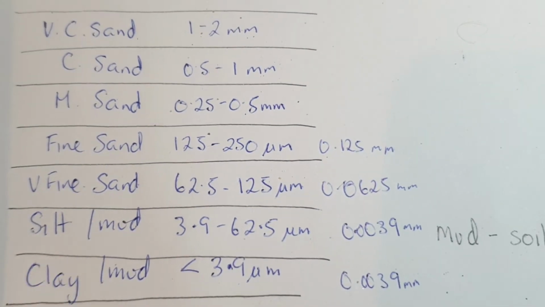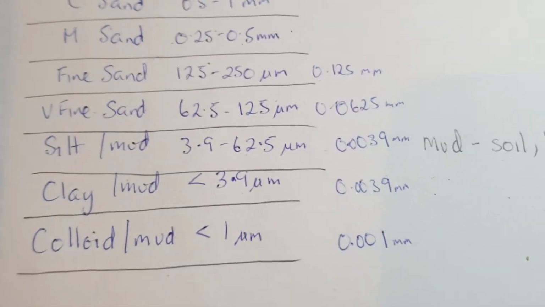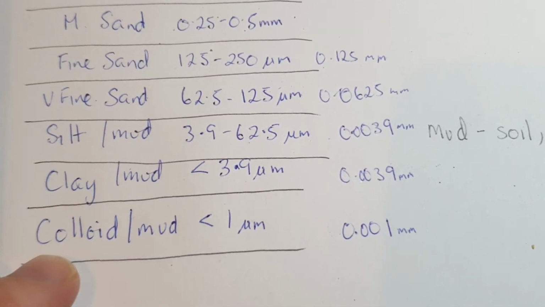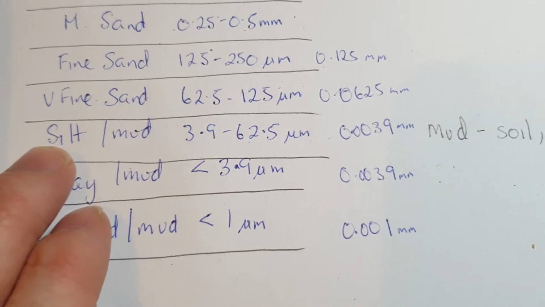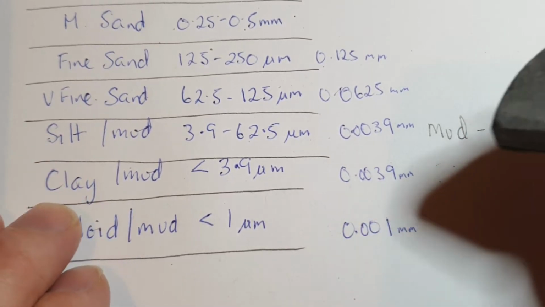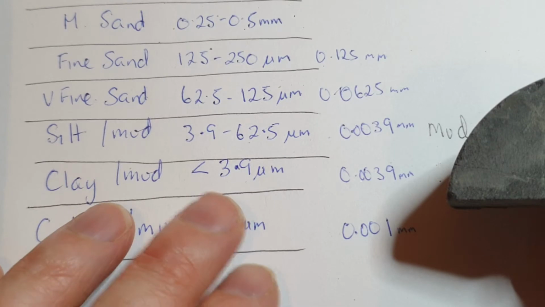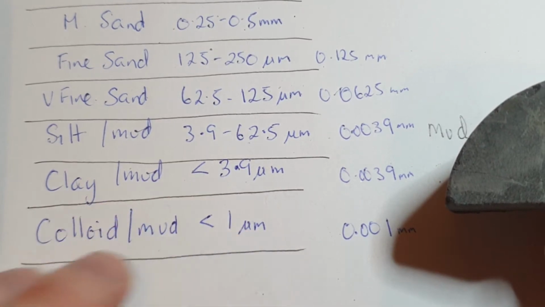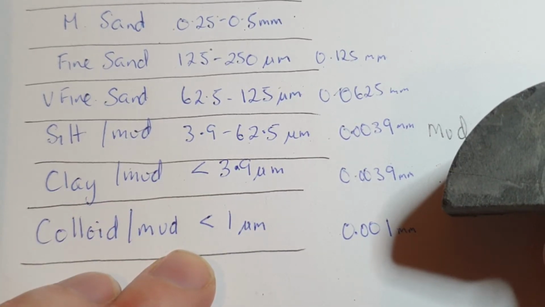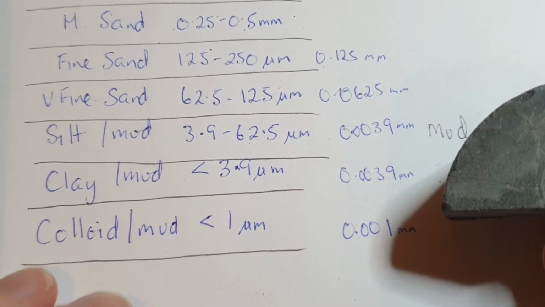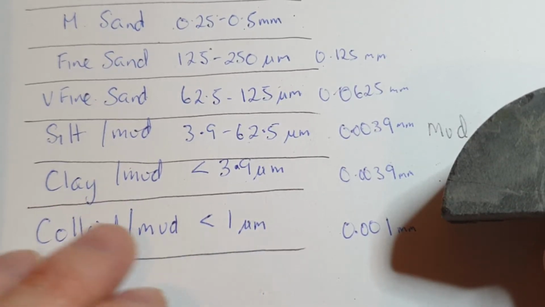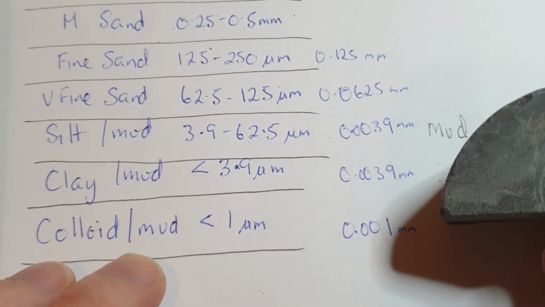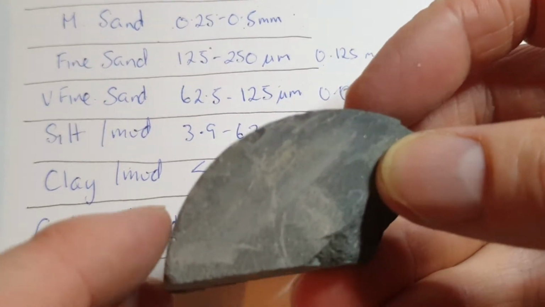And then we have other measurements. It even gets finer, and that is classed as silt, clay, and colloids. So we've got silt, 3.9. We have clay, less than 3.9 micrometers, and colloids, less than 1 micrometer. And as you can see, that's one millionth of a meter. They're called mudstones.